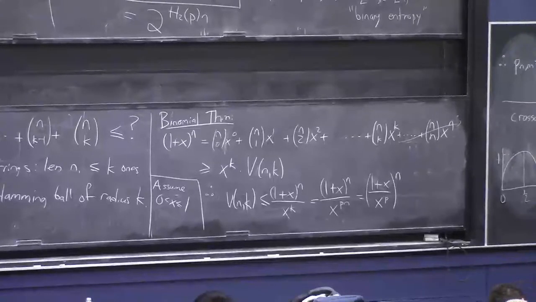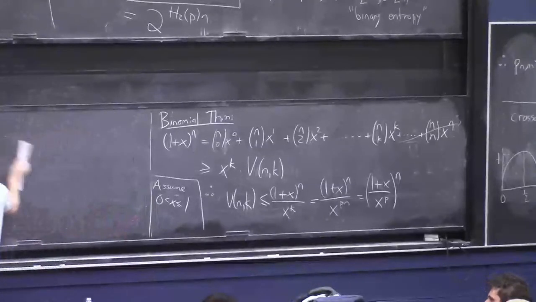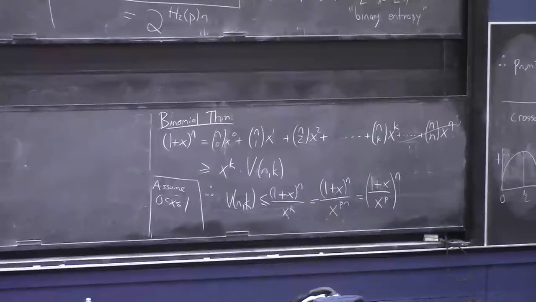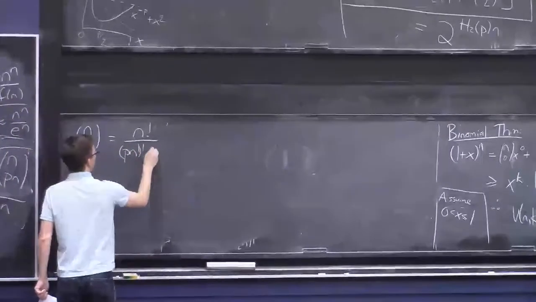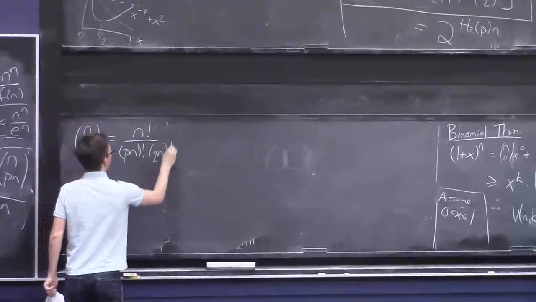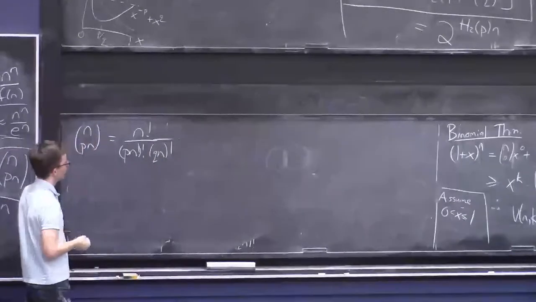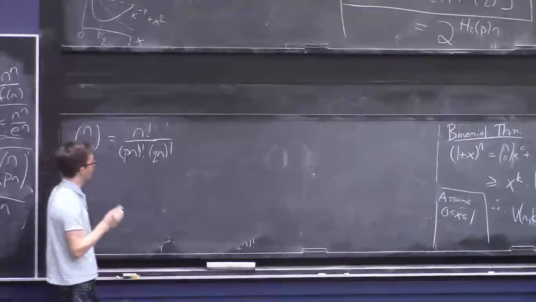Oh, I want to keep those assumptions, which I just erased. So n choose pn is n factorial over pn factorial times qn factorial. Remember, q is 1 minus p. And now we use Stirling on all 3 factorials.